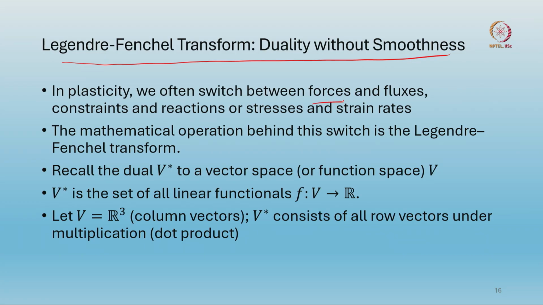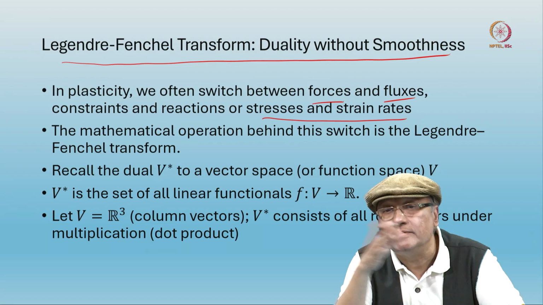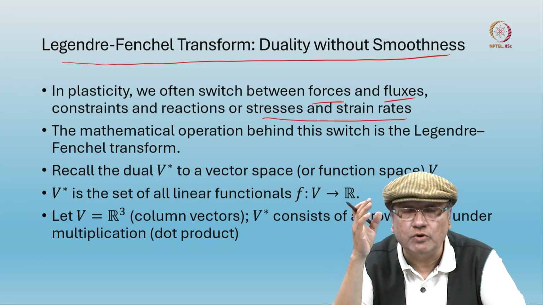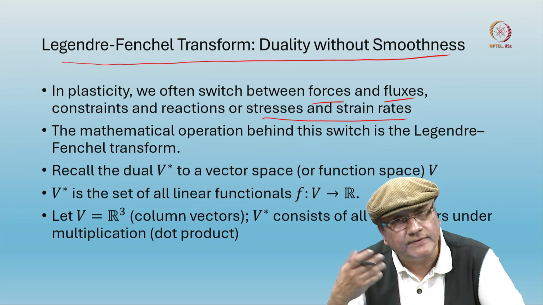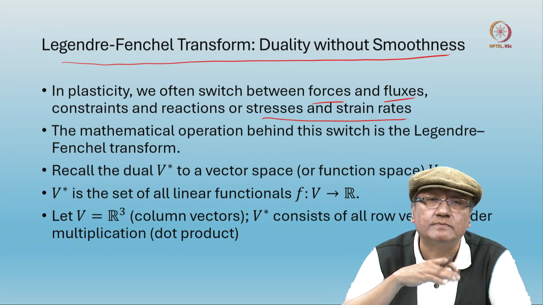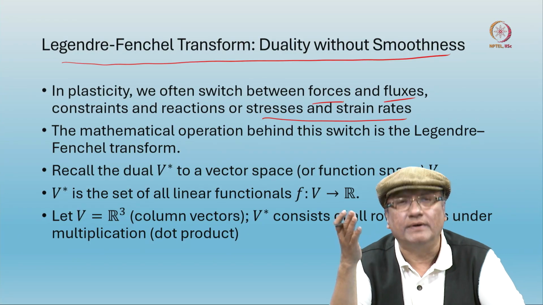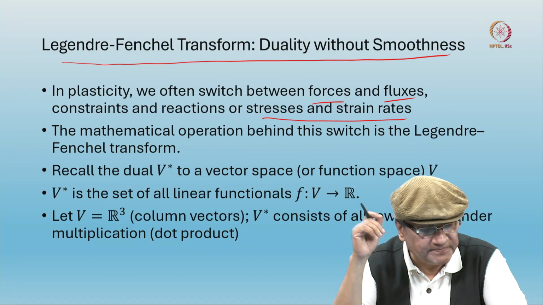One is force, the other is flux, like strain rate and stress, constraints and reactions, and so on. If you take the inner product of these two conjugate variables, forces versus fluxes, then you get something like energy, or in this particular case, more appropriately, power, energy per unit time.